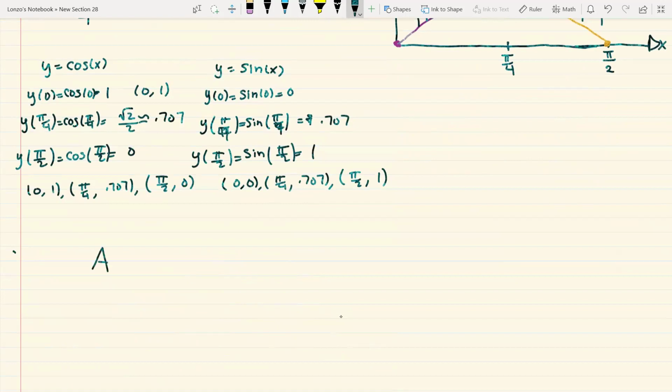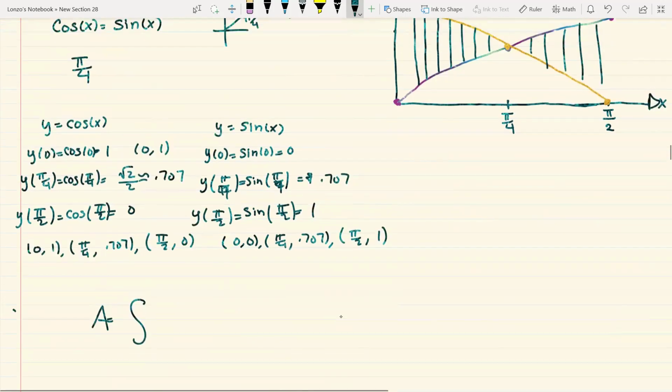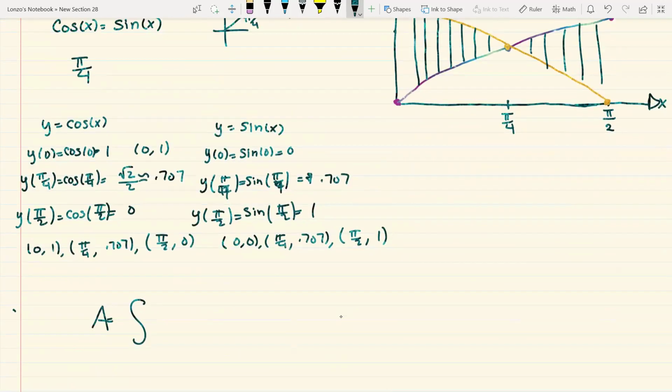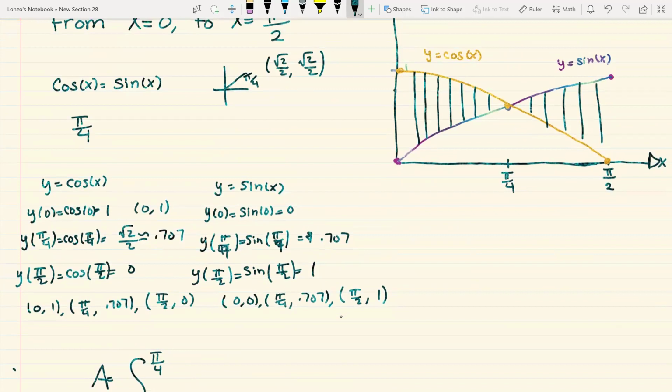Okay, so area equals the first one, from 0 to pi fourths. And since it is in terms of x, we have to do top minus bottom. So the top one would be sine of x.